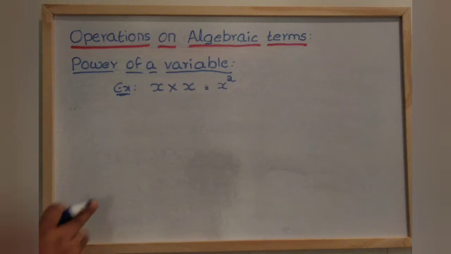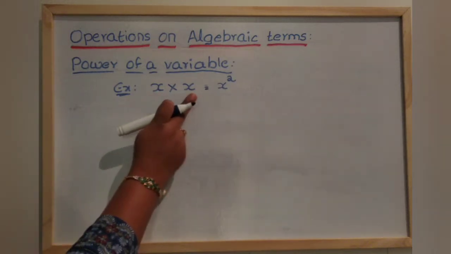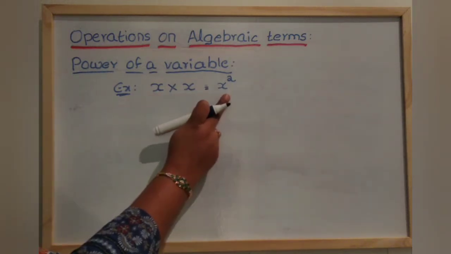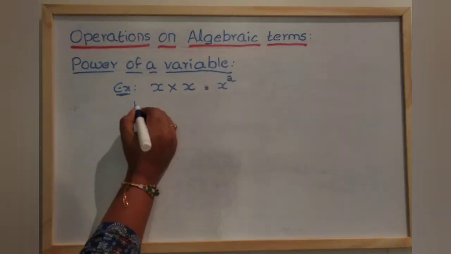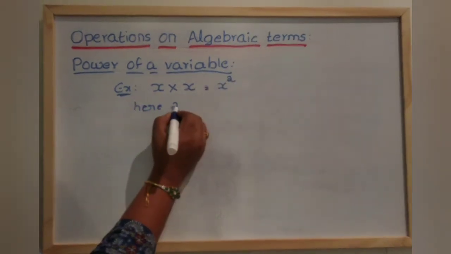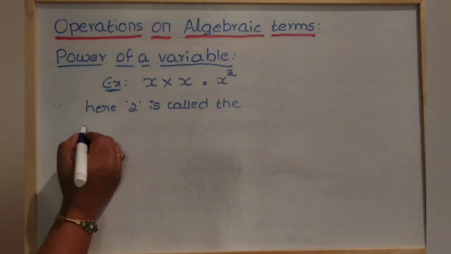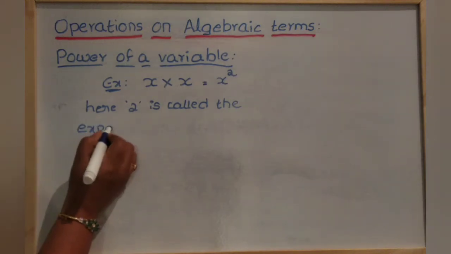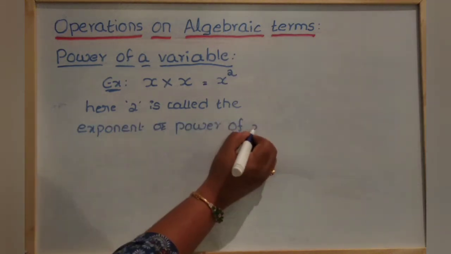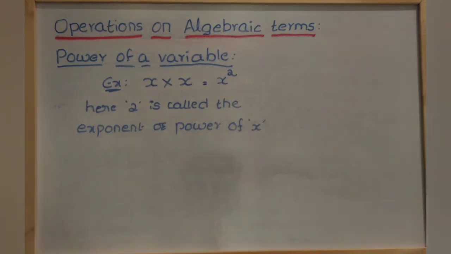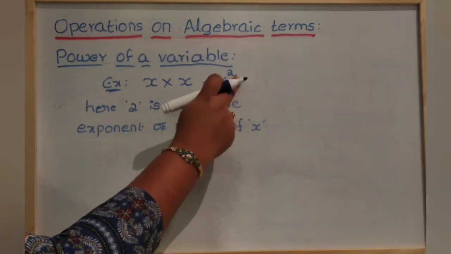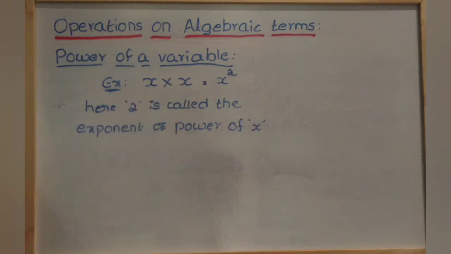Here x is multiplied by itself. Then the product is written in exponential form. 2 is called the exponent or power of x. Here 2 denotes the number of times the variable is multiplied.